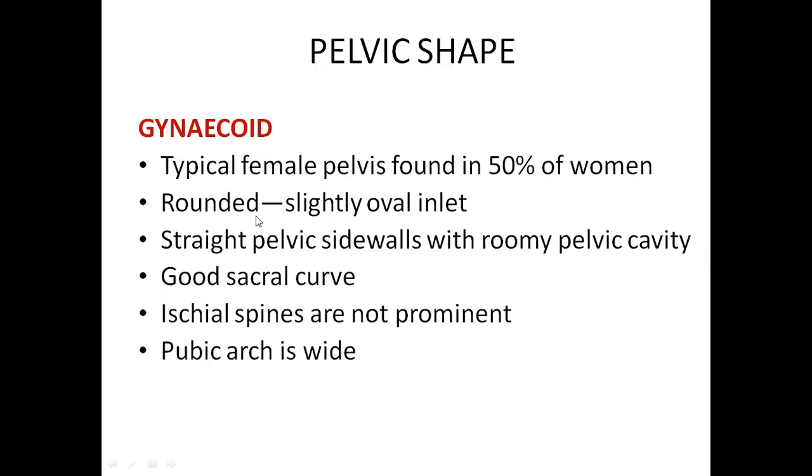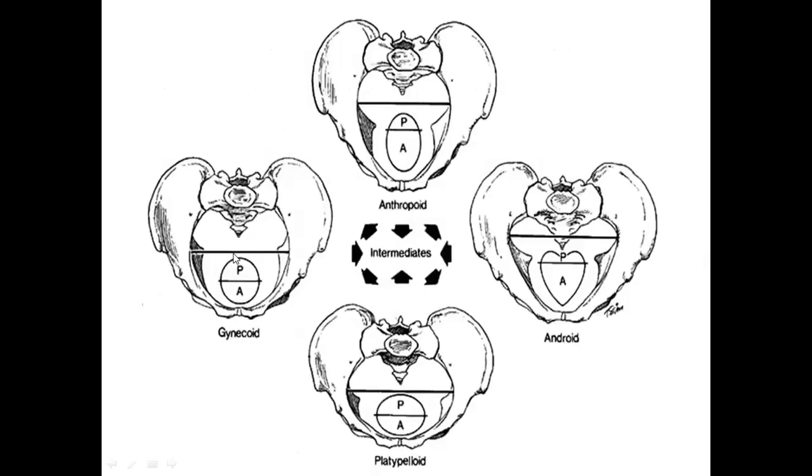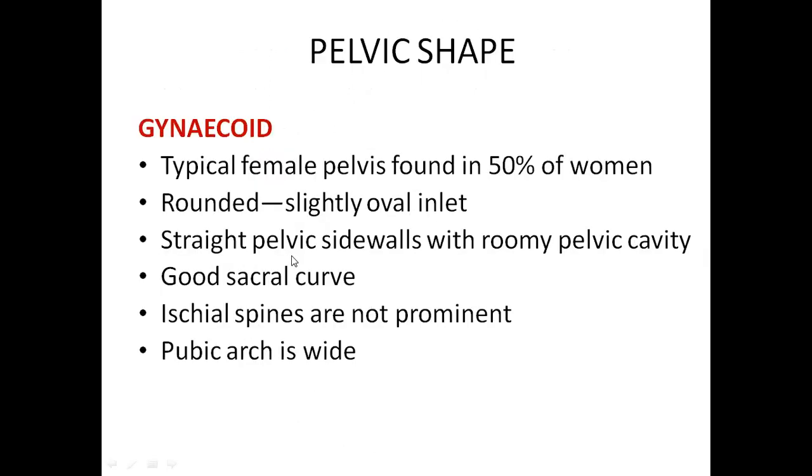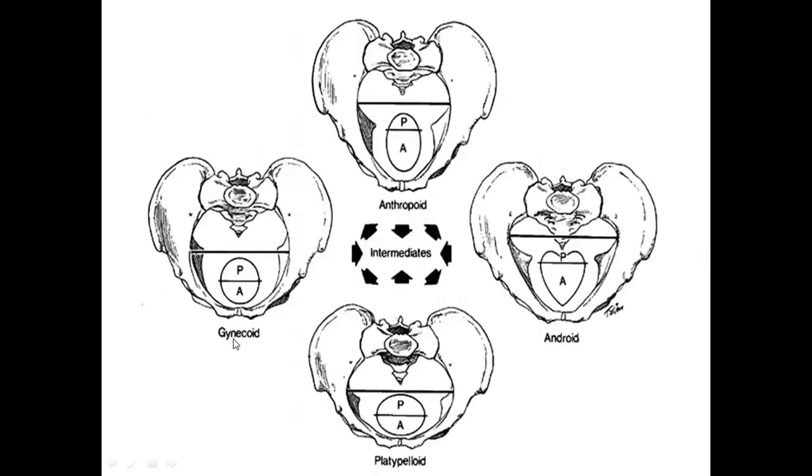It has a rounded or slightly oval outlet, straight pelvic side walls with a roomy pelvic cavity, good sacral curve, ischial spines that are not prominent, and a wide pubic arch. So this is gynecoid.